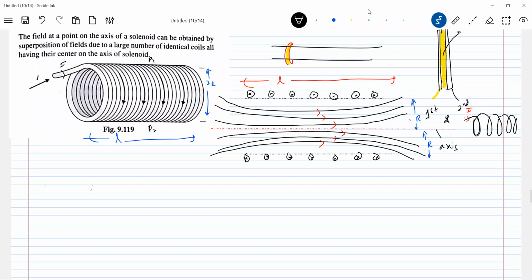If the current is anti-clockwise, you draw the same spring. So let the current be anti-clockwise. So what will this person comment? Current anti-clockwise.